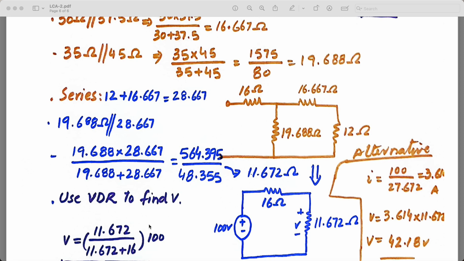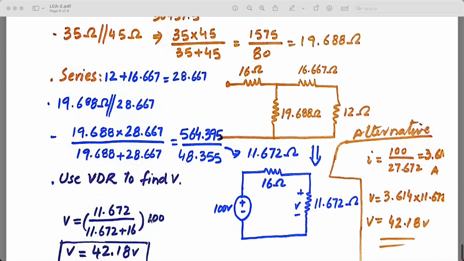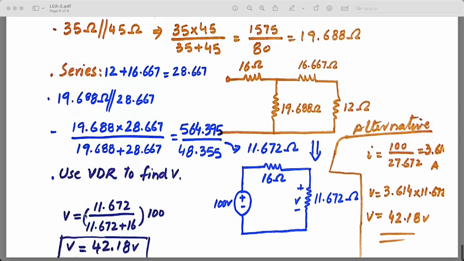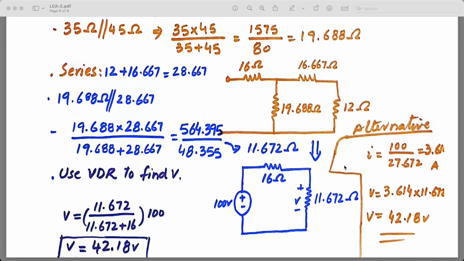By using the voltage division rule to find V across that resistor, V is equal to 11.672 divided by the sum of those components multiplied by 100. The answer is 42.18 volt. Or you can use an alternate rule by using Ohm's law. You can calculate the current through that component.